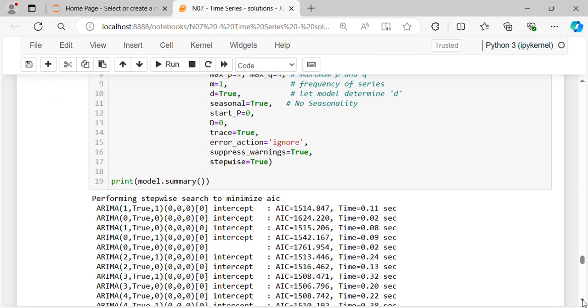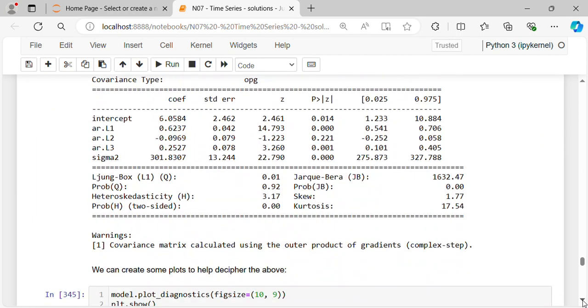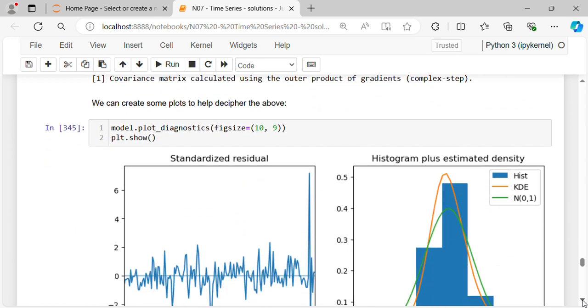Okay, and then we can create some plots to help decipher the above. model.plot_diagnostics with figsize equal to width 10 and height 9, then plt.show().